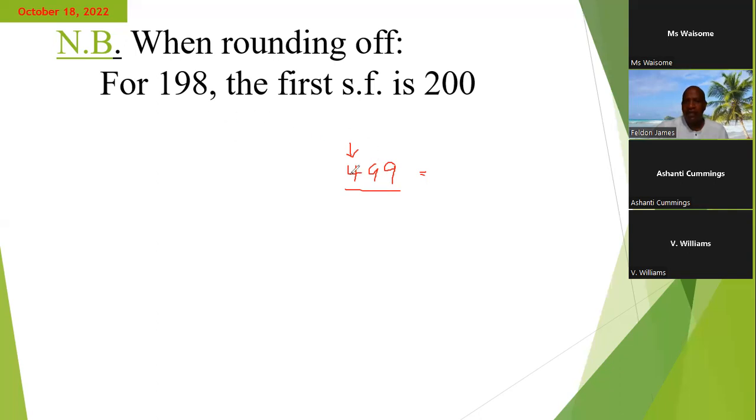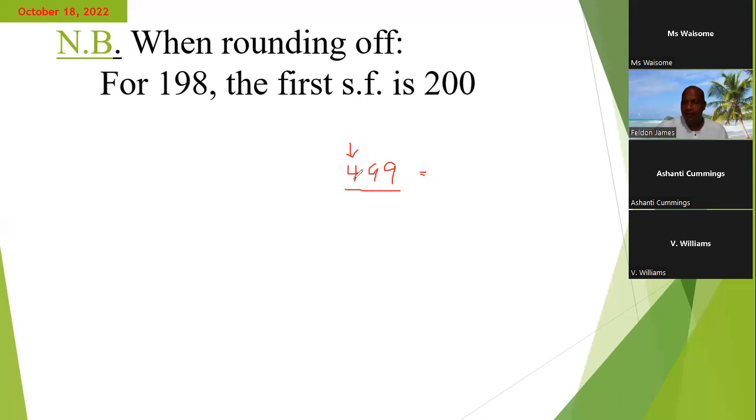If you look at this in terms of the first significant figure, in the context of this number, 499, the figure here would be 400, right? The digits represent the 400. We're thinking in terms of base value now, right?